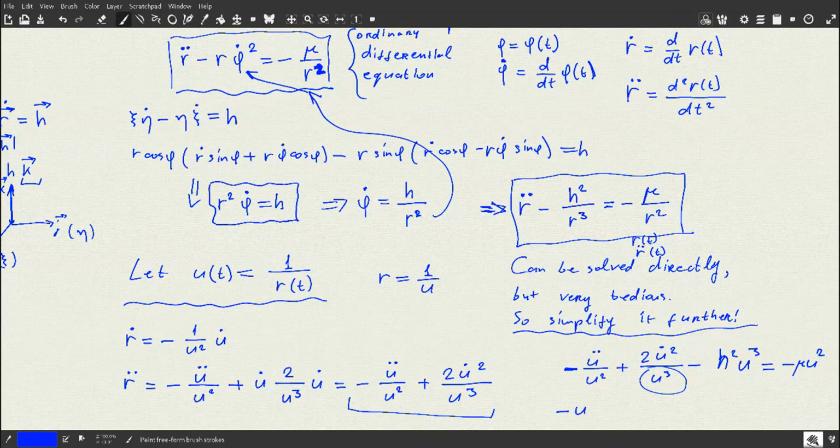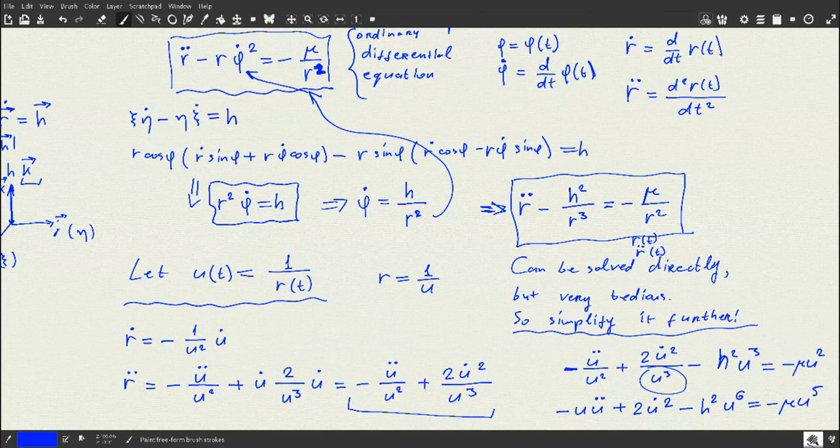minus u times u double dot plus 2 times u dot squared minus h squared u to the power, oh my god, 6, equals minus mu u to the power 5.